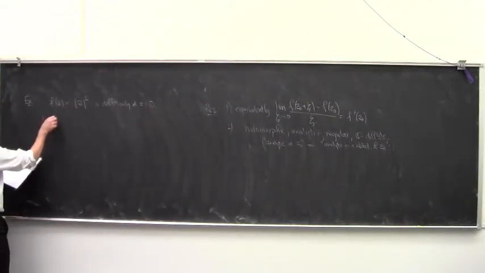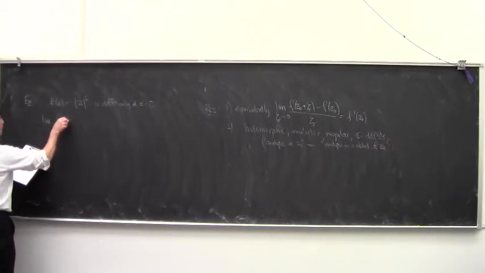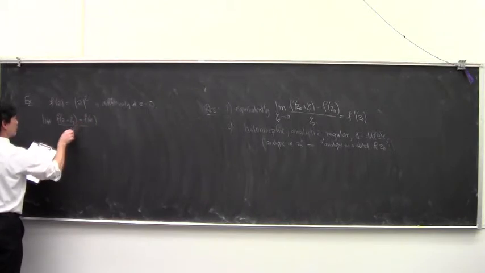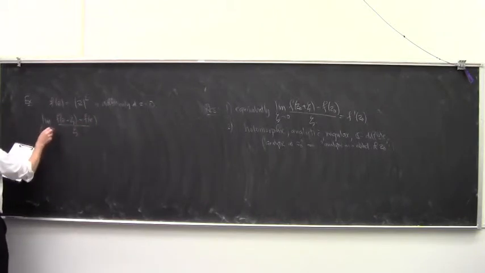So let's look at the limit. f of z plus zeta minus f of z over zeta, as zeta goes to 0.